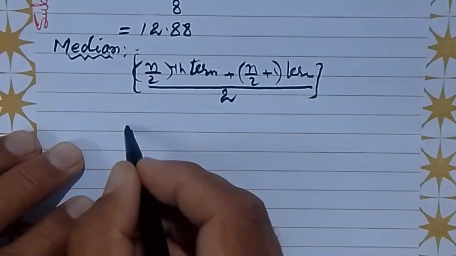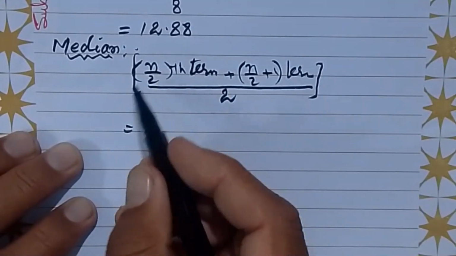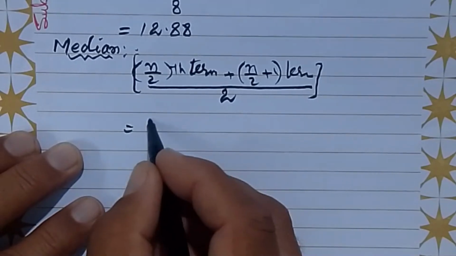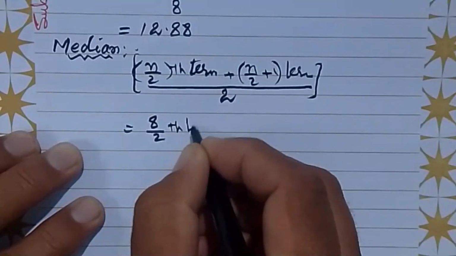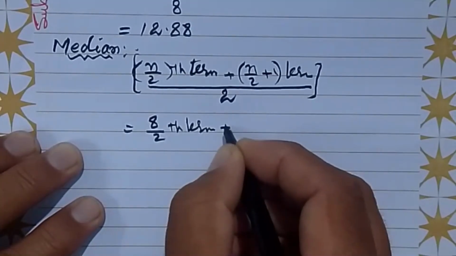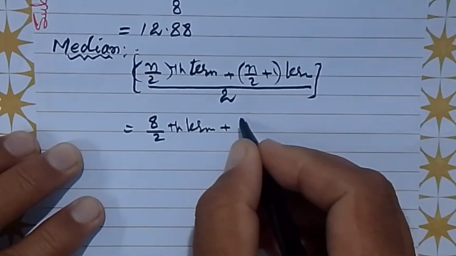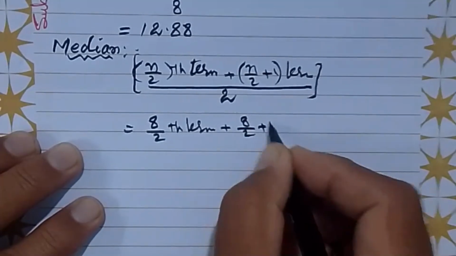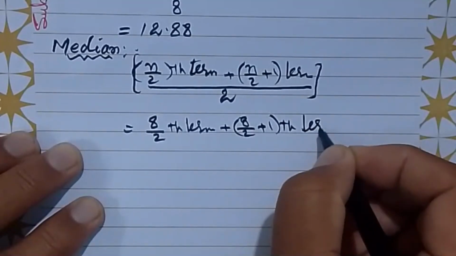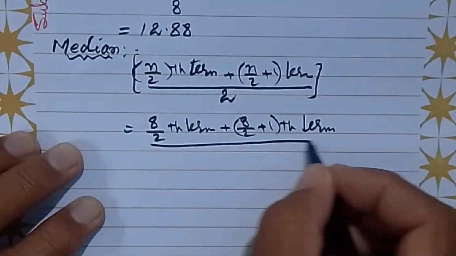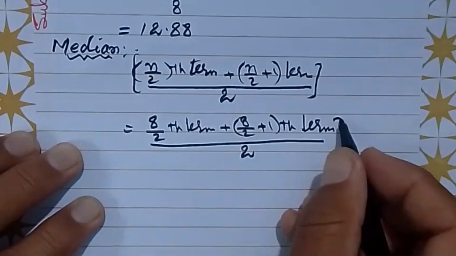Now here the number of terms is 8. So 8 by 2 th term plus 8 by 2 plus 1 term, divided by 2.